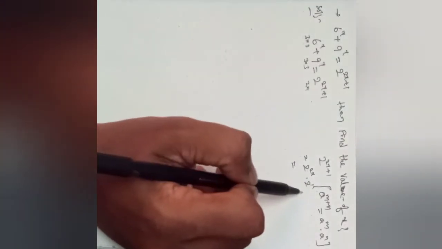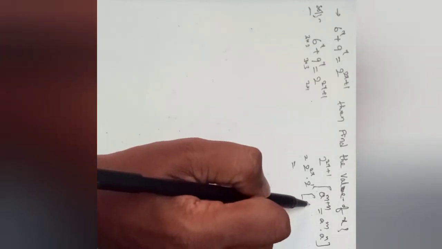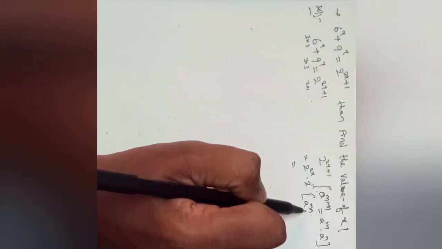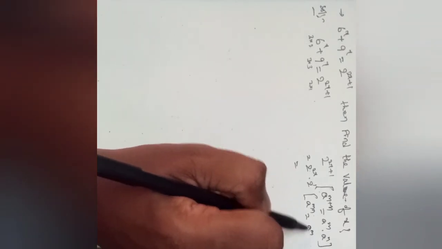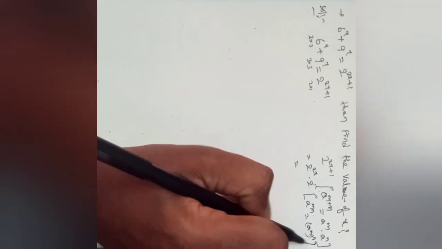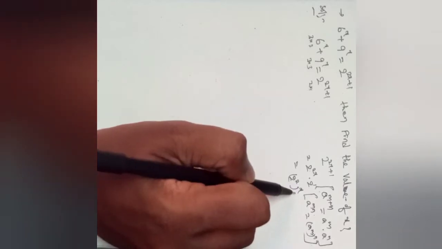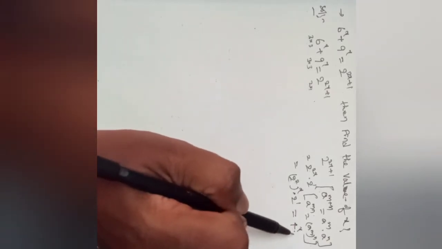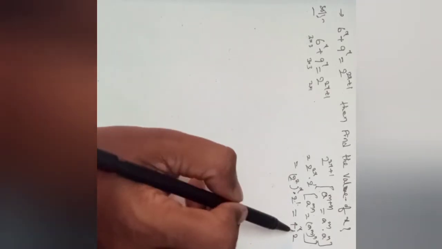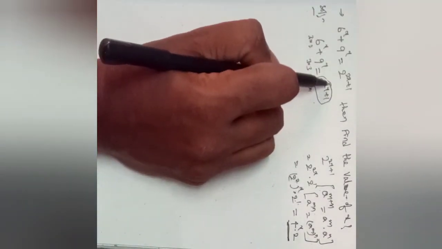We know one more rule, that a to the power of m into n is equal to a to the power of m whole to the power of n. So this can be written as 2 square to the power of x into 2 to the power of 1. That is 2 square is 4, to the power of x, into 2 power 1 is 2. So we can replace this value in the right hand side.